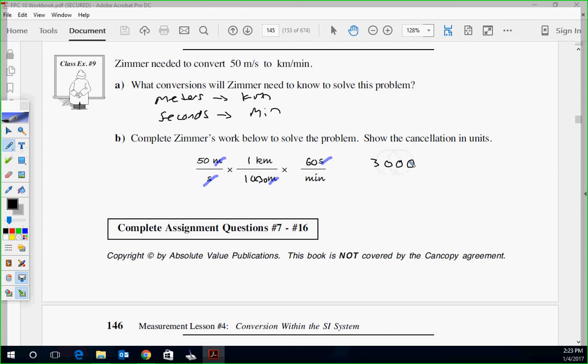And then we have a kilometer on top. 1,000 on the bottom. And a minute. 3,000 divided by 1,000 is 3 kilometers per minute. As I told you, it's going to be a lot slower. Well, it's the same speed, it's just different units. Okay, be a lot smaller number. Okay, all right, so we'll stop there.